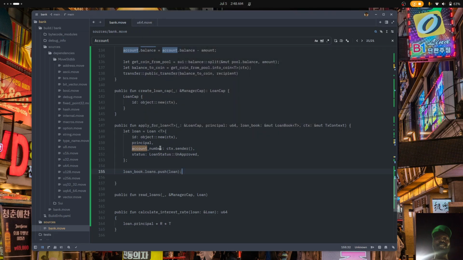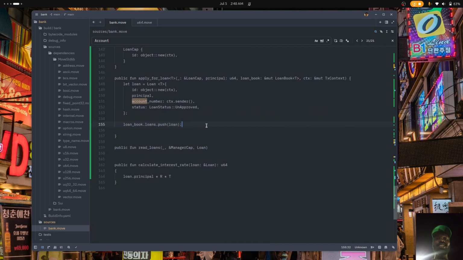So I'm taking loan book. So it's going to be book. Just read.